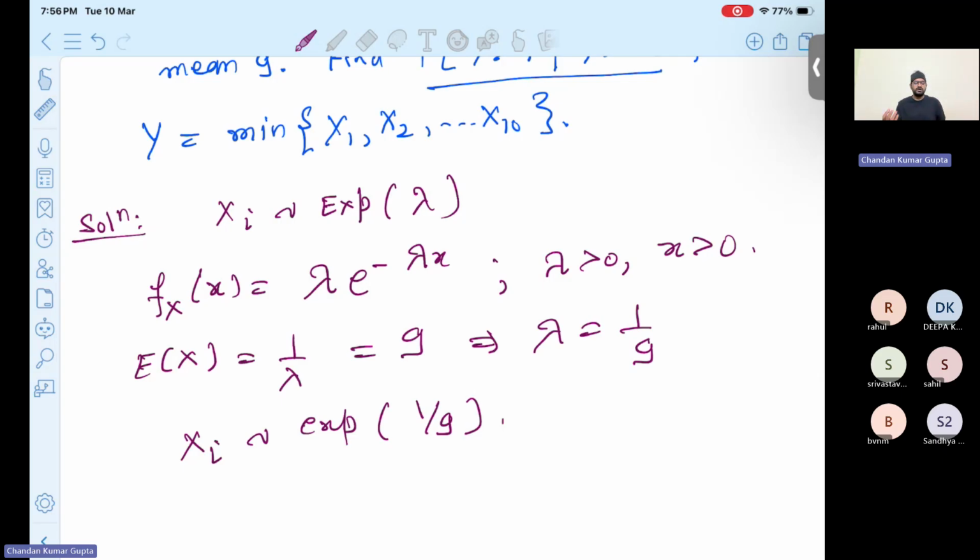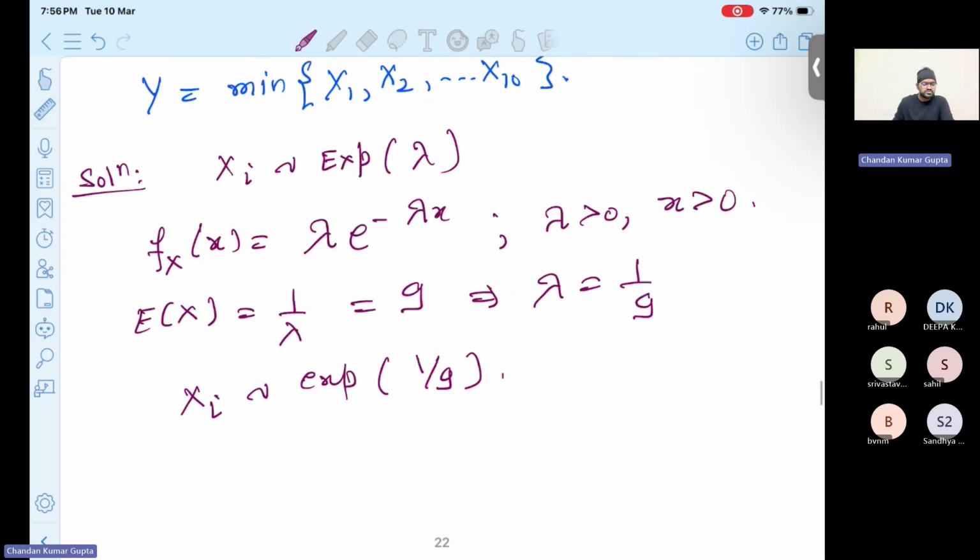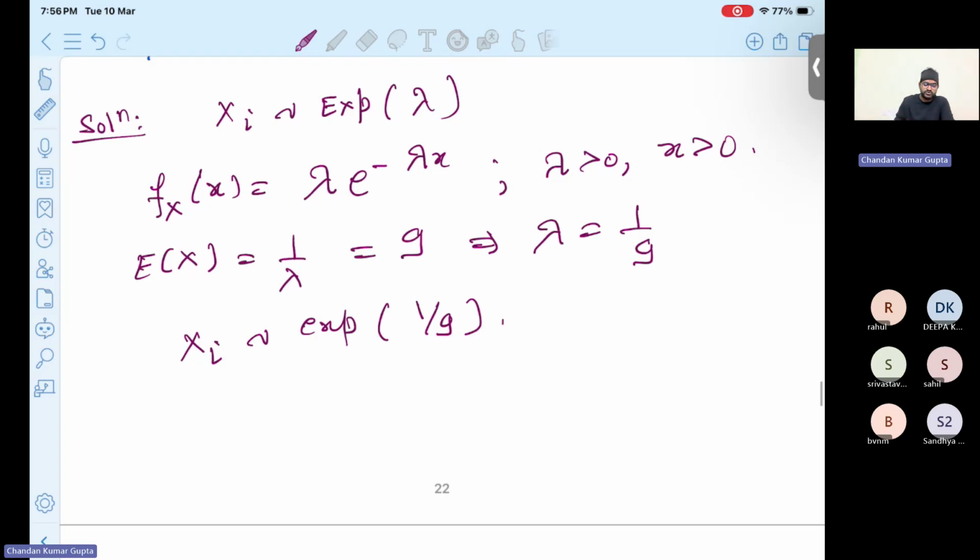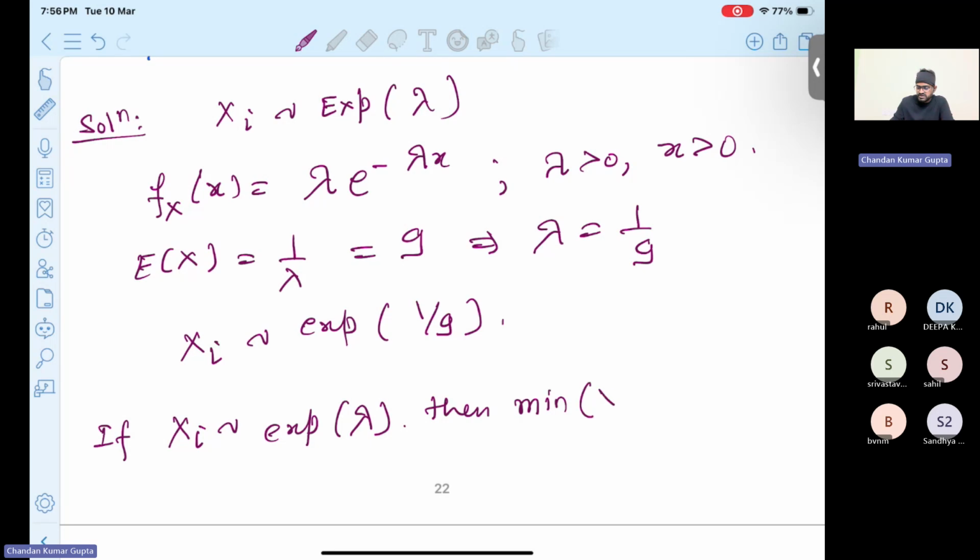Now, as we already know, if xi follows exponential lambda, then the minimum of xi follows exponential of n lambda when we have n samples.